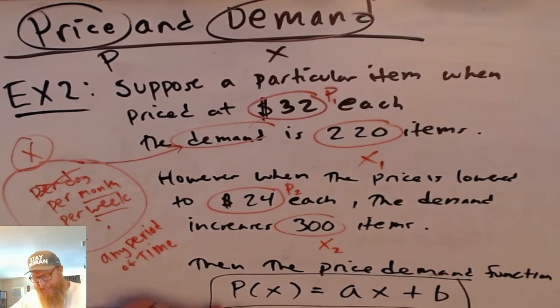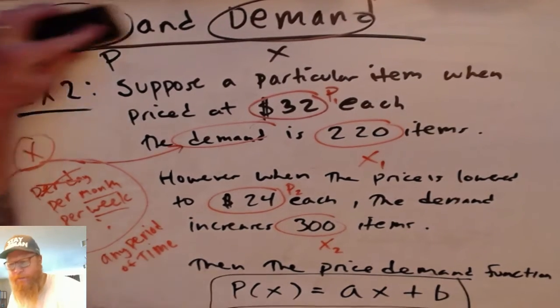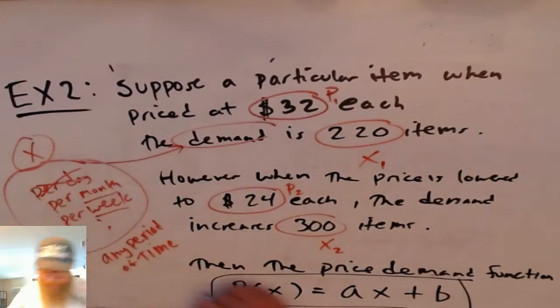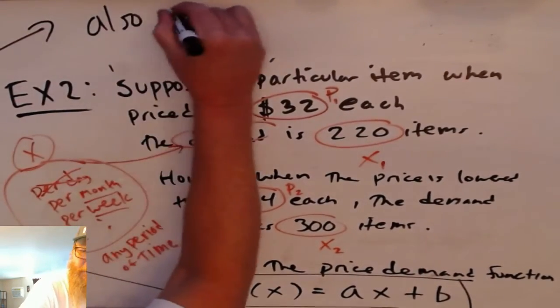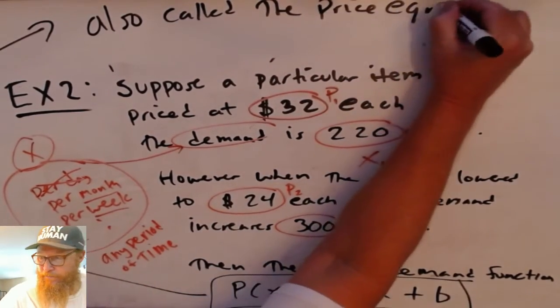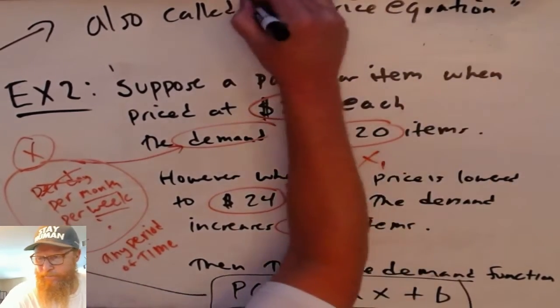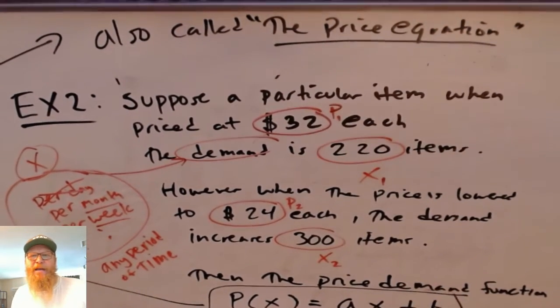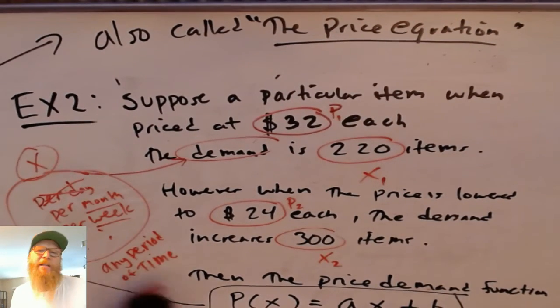In other words, it gives us the price in terms of the demand. It's also called the price equation. So it's the magic equation that tells you what the price of something should be.